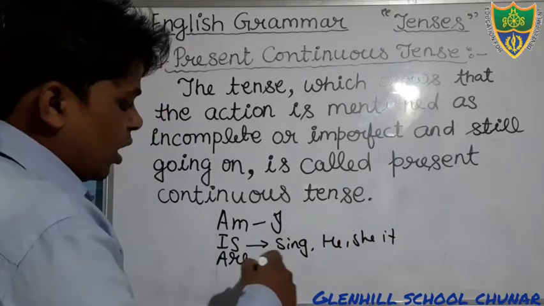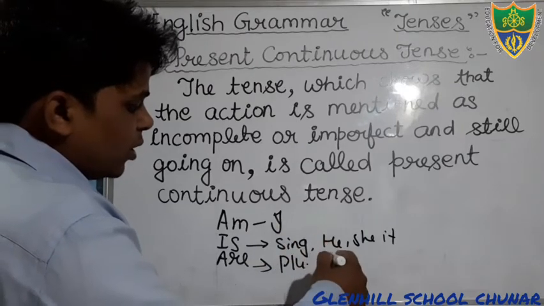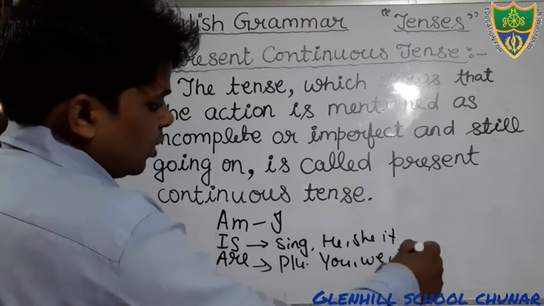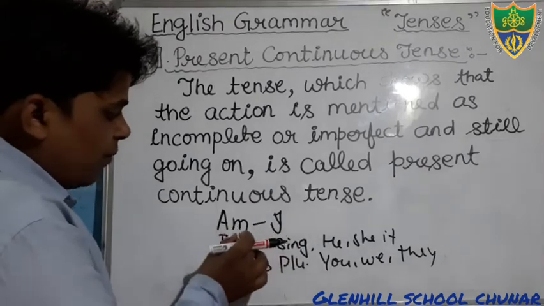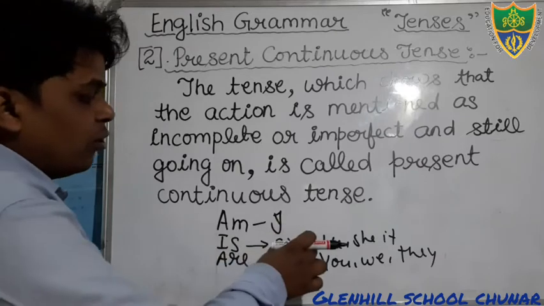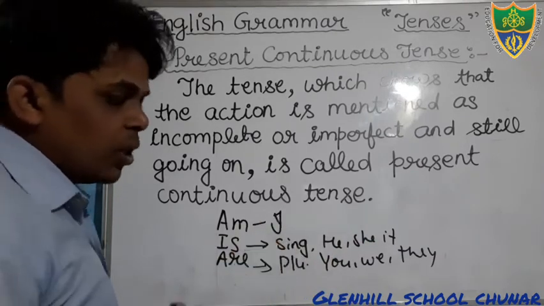And we use are with the plural subject. Okay, no need to write, only keep in your mind: you, we, they. Okay, just see, we use am with I, and we use is with singular subject, he, she, it, and we use are with the plural subject, you, we, they.